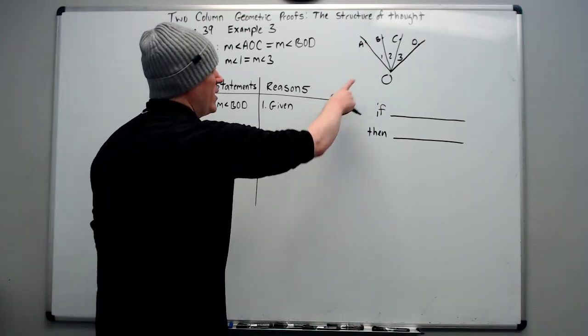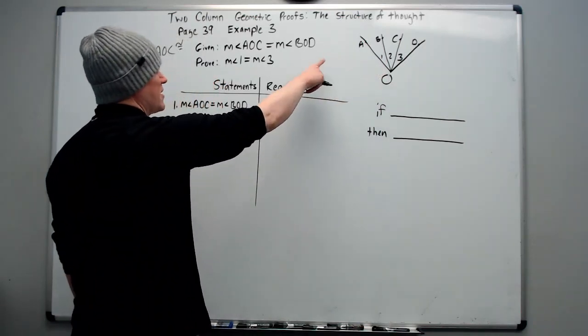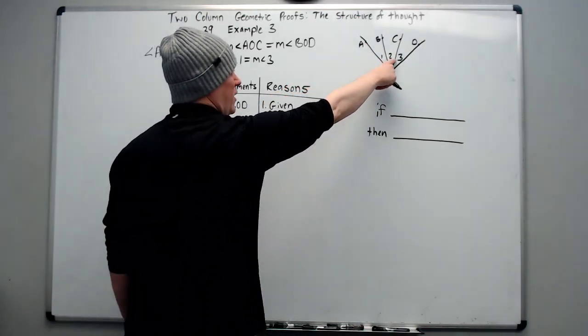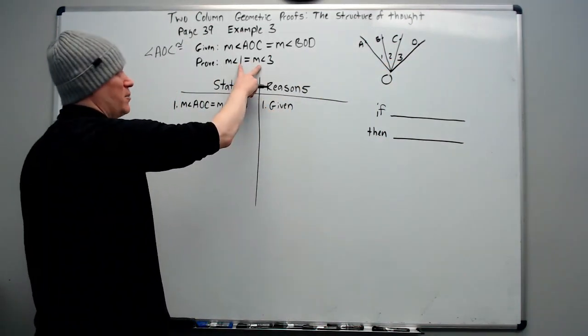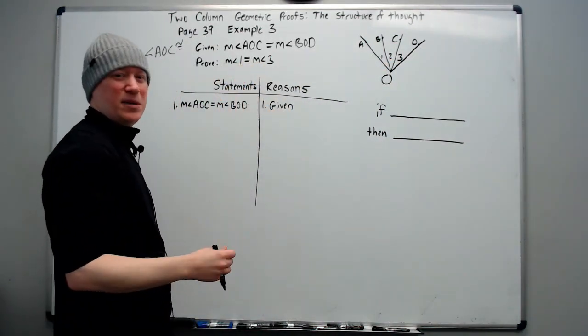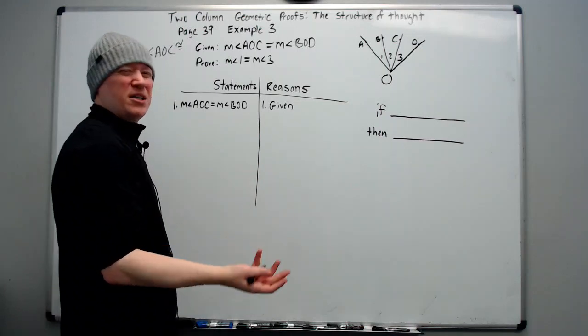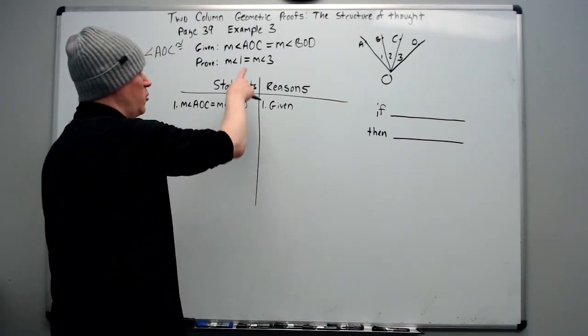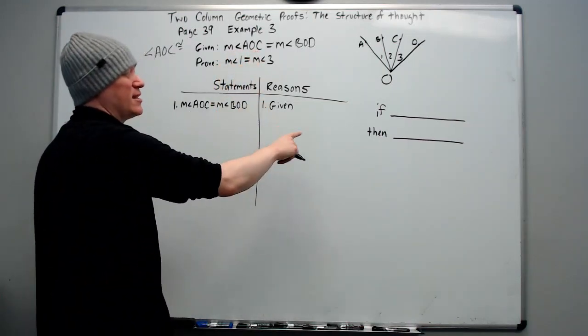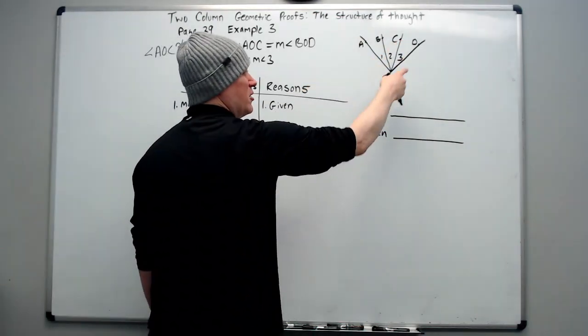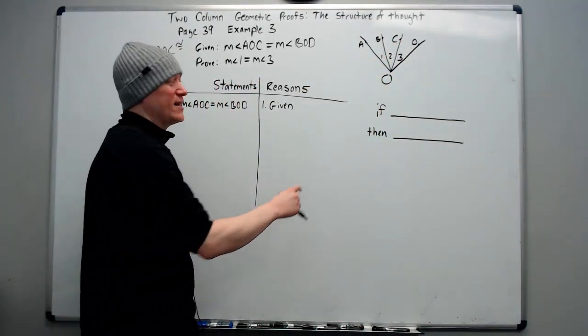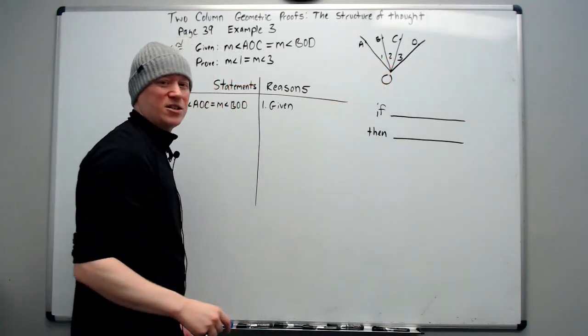Okay, so all we know is this picture, and what do we see in this picture? We can see that there's an angle 1, 2, and 3, and we want to talk about how angle 1 and 3 need to become equal. So we should probably try to introduce them using what we're given. We're given AOC. Well, AOC is here. What does AOC consist of? It consists of 2 angles, 1 and 2.